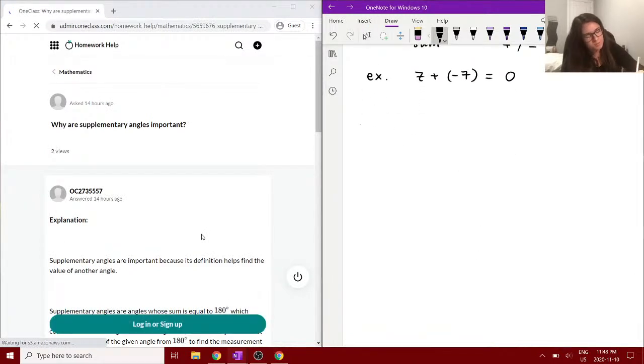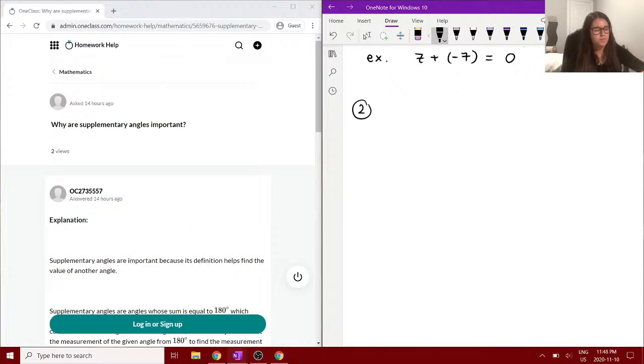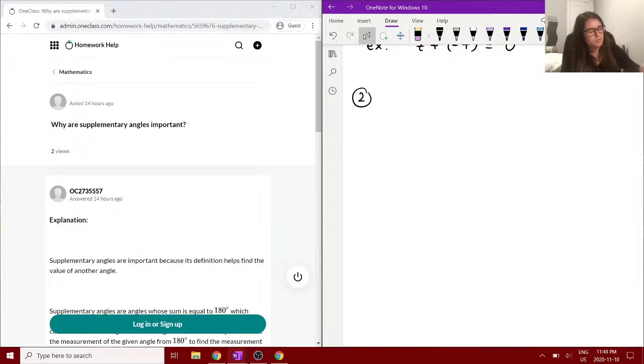Okay, question number 2. This question asks, why are supplementary angles important? So I guess first we can go over what a supplementary angle is. Say we have two angles, something like this.